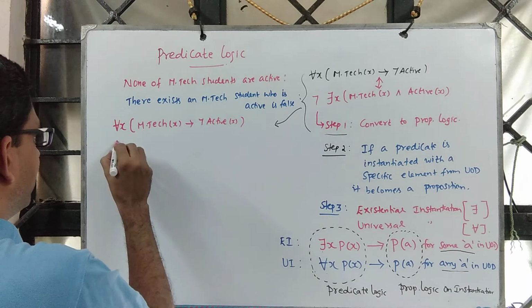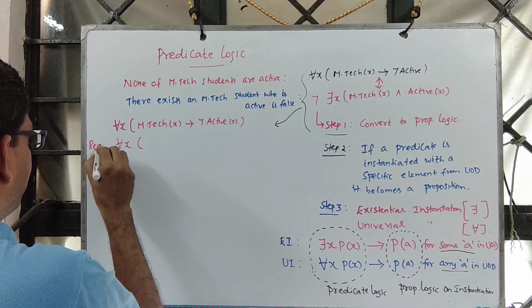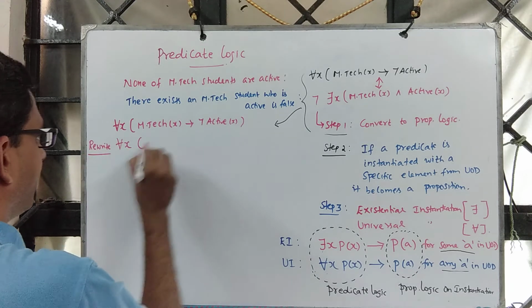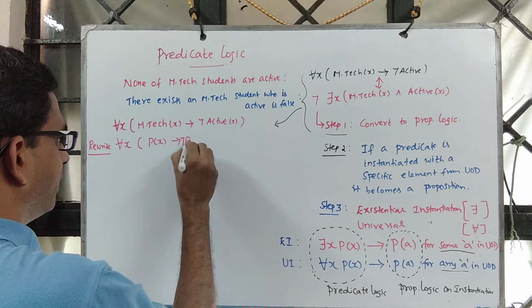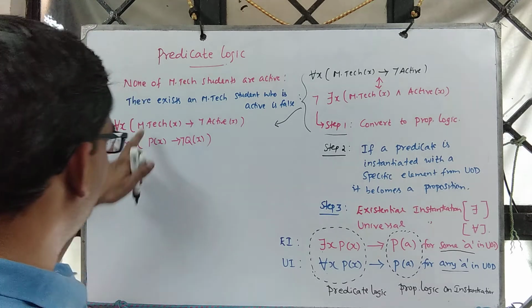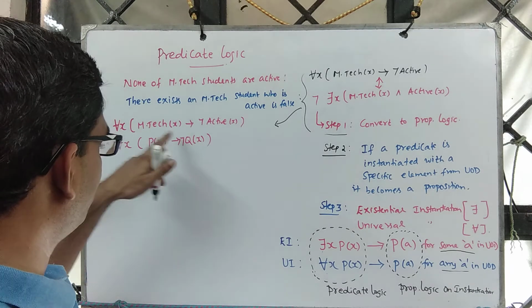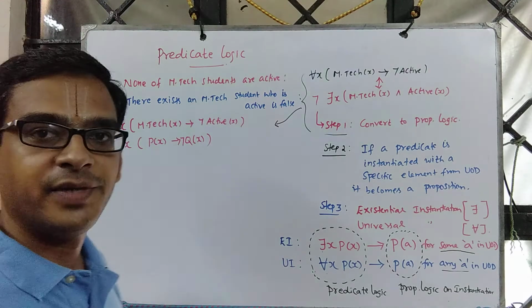Just for my convenience, I'll rewrite this as P of x implies negation Q of x, where P refers to the property MTech and Q refers to the property being active.